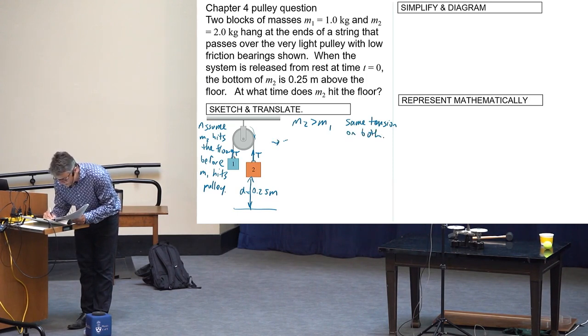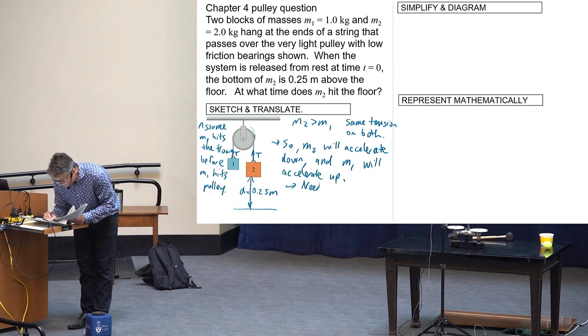And so what will happen here is that M2 will accelerate down, and M1 will accelerate up. And what we need here, I think, is 2 separate force diagrams.